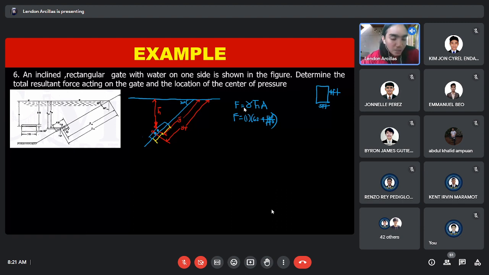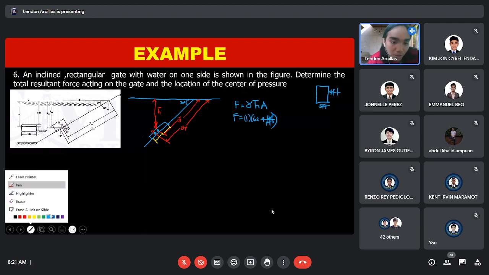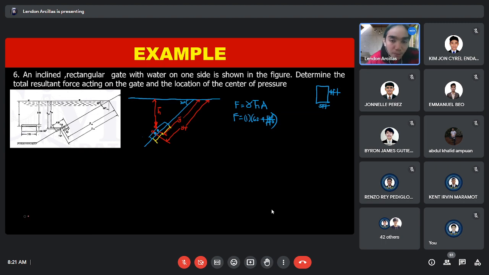Since naka-slant siya, we need trigonometry. So, how do we find the H bar? So, alam natin ng half ng 4 is 2, right?